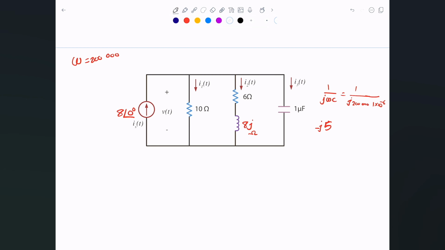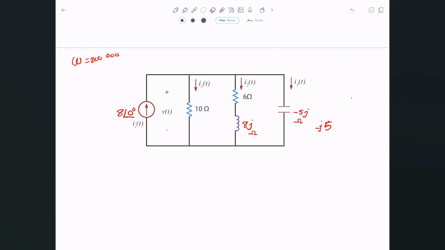So I'll replace it with its value in here, negative 5j ohms. So that's what we have.